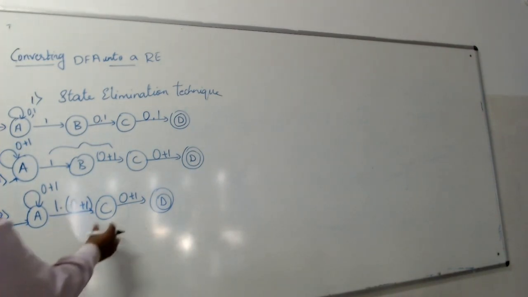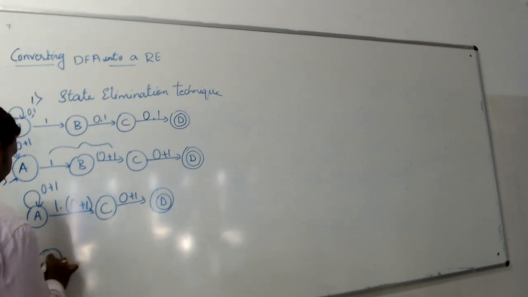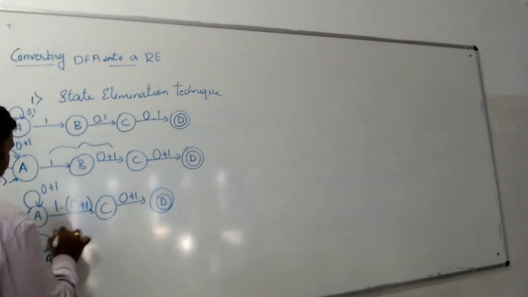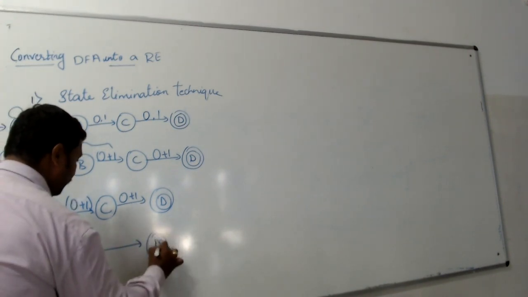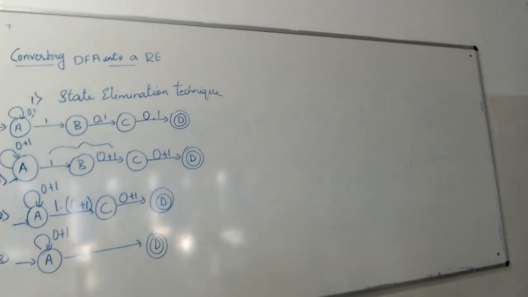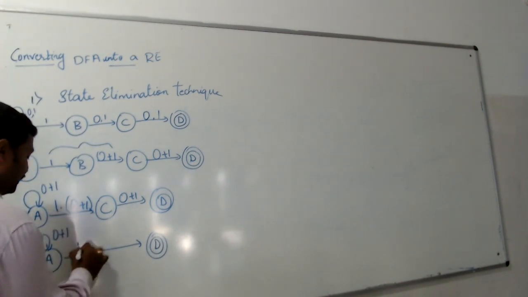Now again, intermediate state C. I'll try to remove even this C. So how are you going to remove C? Step 3. Starting state A, 0 or 1. So I'll eliminate C. While eliminating, I should make sure that this remains the same.